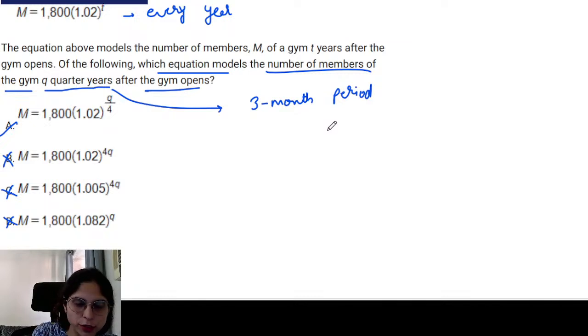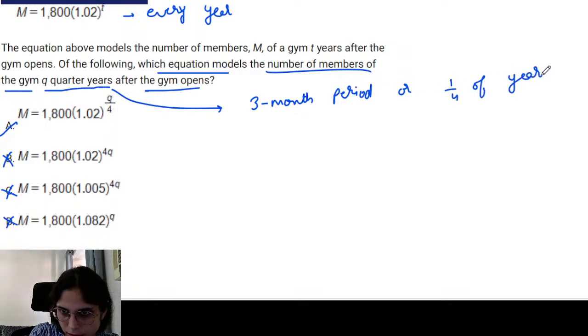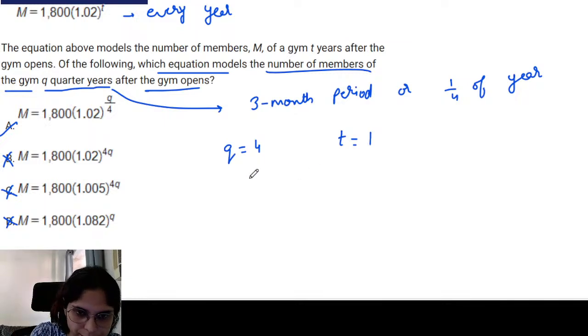Because if it were 4 years, it would be 4Q. So 3-month period or 1/4 of a year. So when Q is going to be 4, T is going to be 1, right? Because 4 quarters make 1 year.